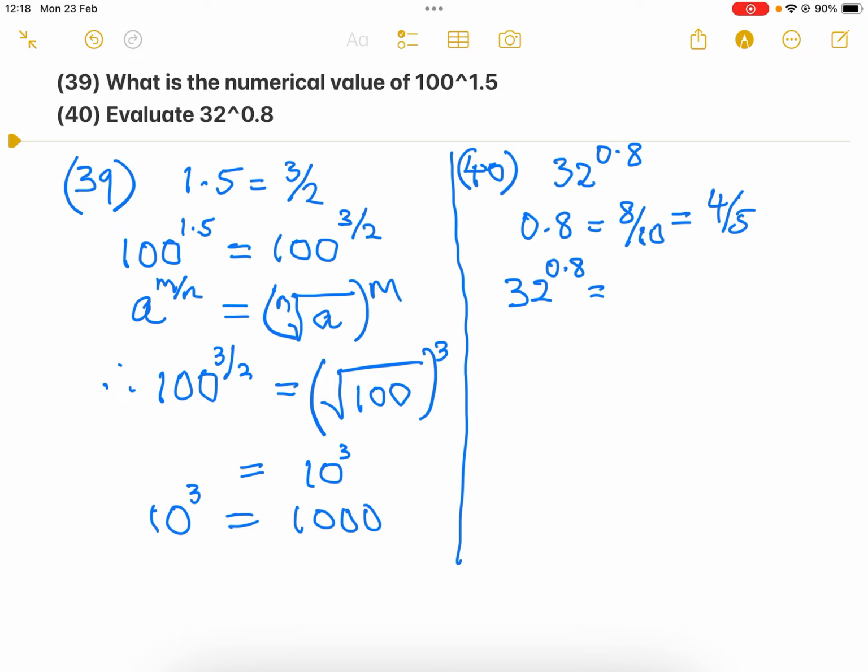So 32 raised to power 0.8 becomes 32 raised to power 4 over 5.